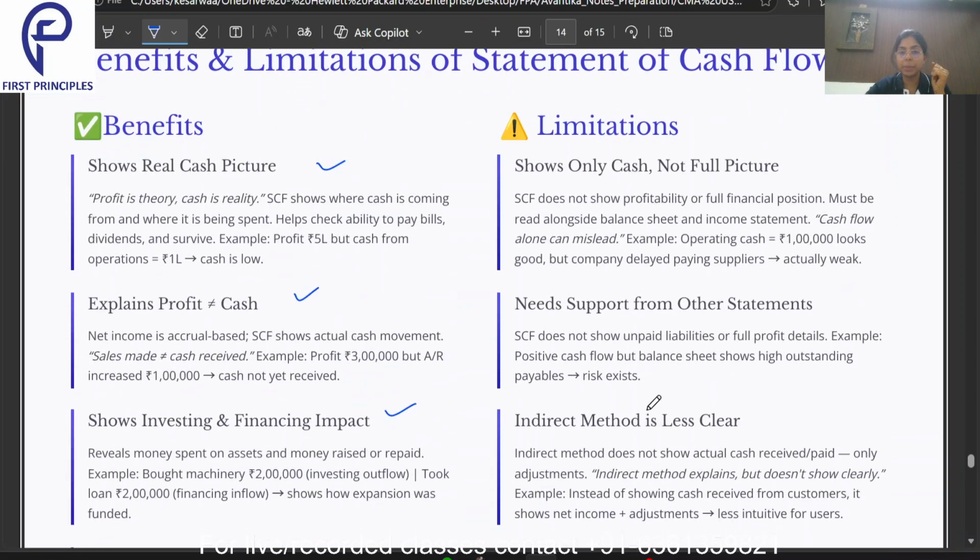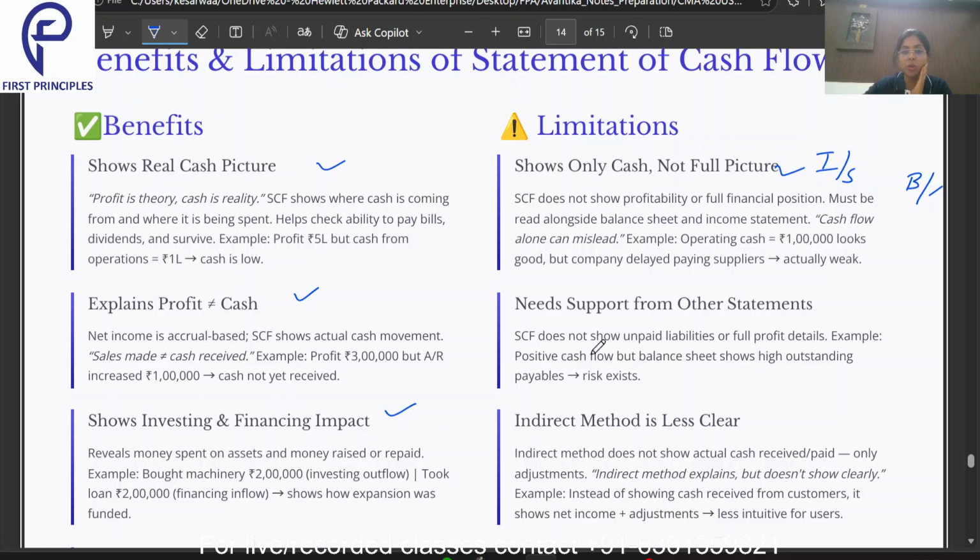Coming to the limitations, it only shows the cash, not the full picture. That means it does not show the profitability or the full financial position. It only talks about cash. It does not talk about the income statement or the balance sheet. Okay. Now, it needs support from other statements. The SCF does not show unpaid liabilities or full profit details.